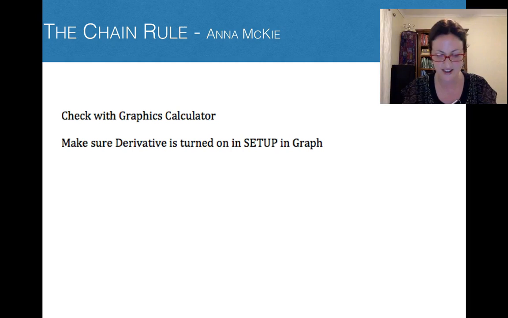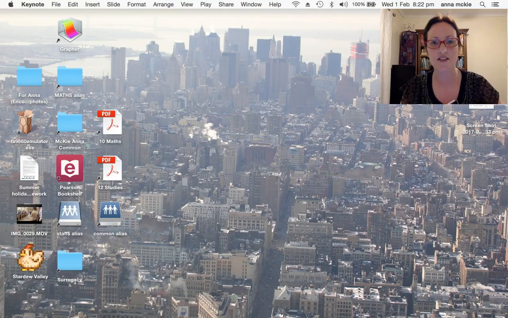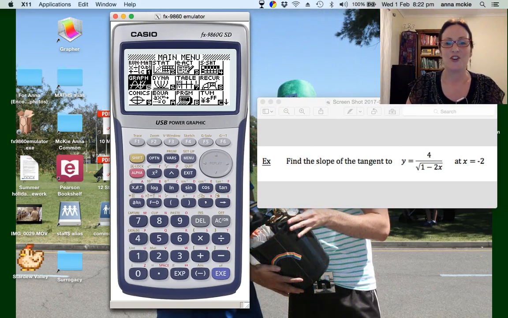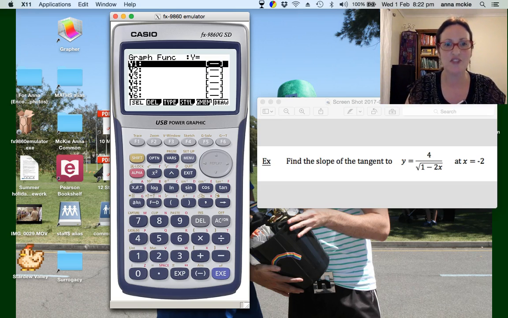Now I'm going to show you how to check this on your graphics calculator. So my next screen says, so that when you use it in graph, you can turn the derivative on and check it in graph to see if you've got approximately the right answer. So to do that, bear with me while I switch screens here. Right, so I have an old emulator, so bear with me. We're going into graph menu 5 and typing our function, which is here.